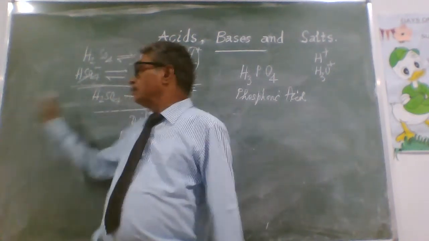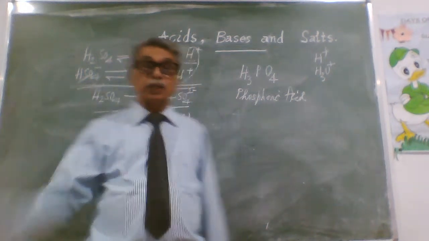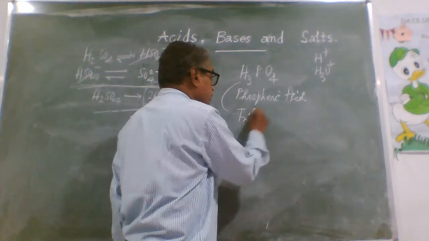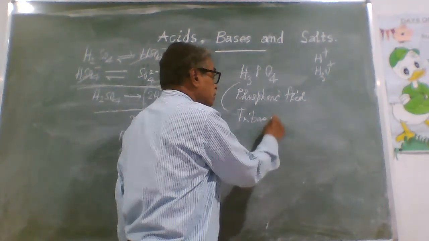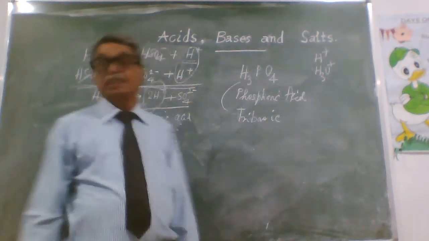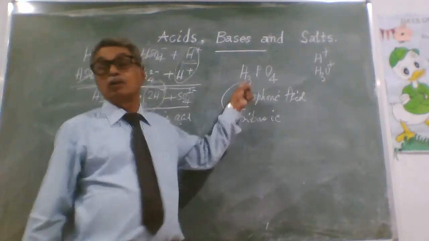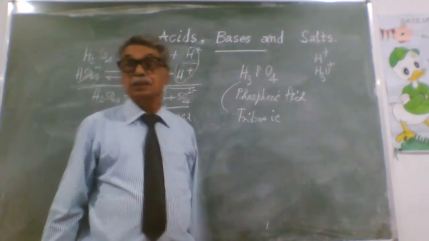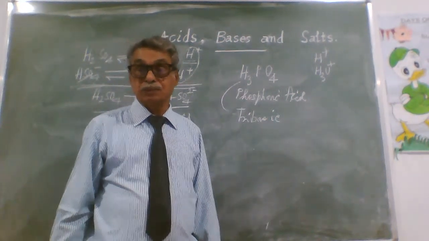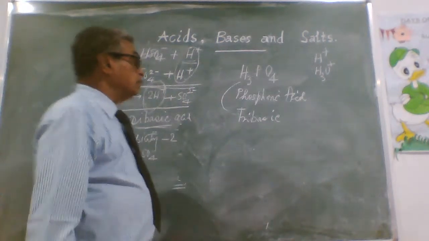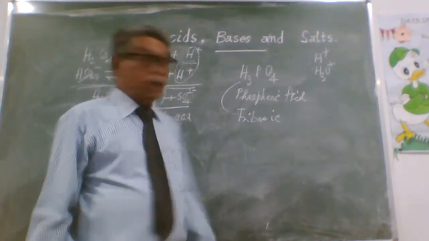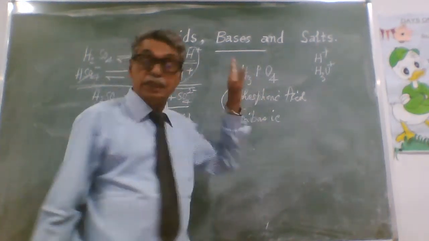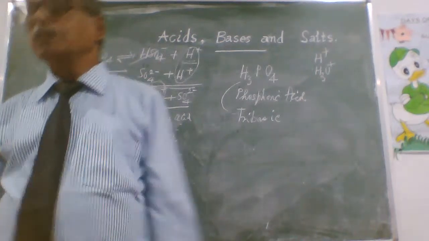Without much explanation, I can tell you this acid is called a tribasic acid, because it can give 3 hydrogen ions when dissolved in water. This is done in 3 steps normally. At present, you just understand it is tribasic because it can give 3 hydrogen ions when dissolved in solution.